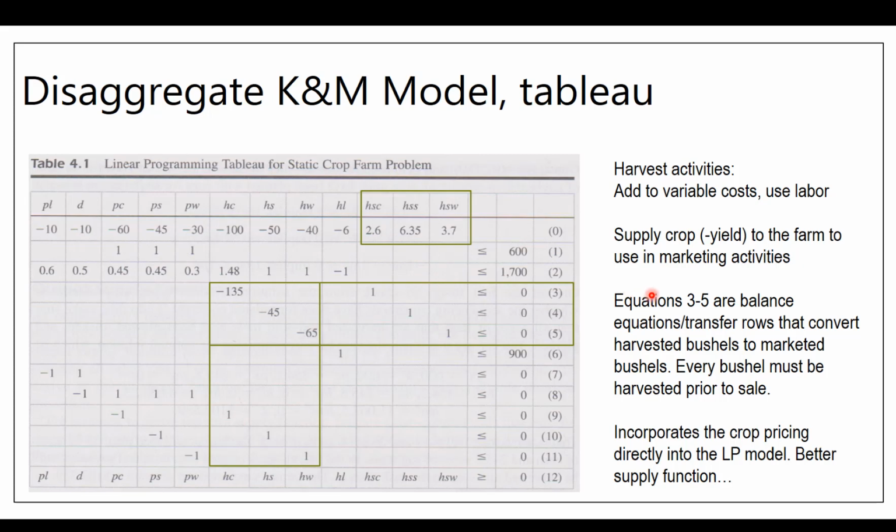Okay, so equations 3 through 5 are the inserted equations to deal with this marketing activity. They are balance equations or transfer rows that set the yield off of the harvested acre at some constant amount, 135, 45, or 65, depending on the crop.